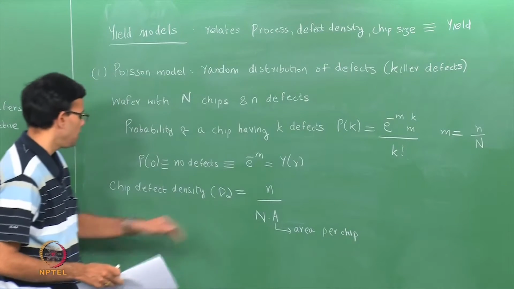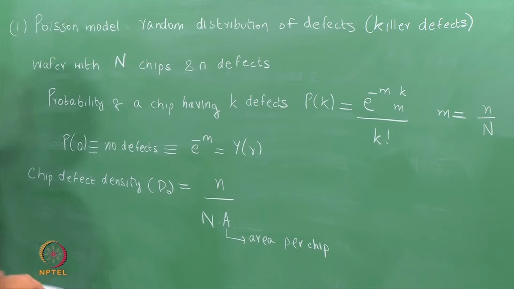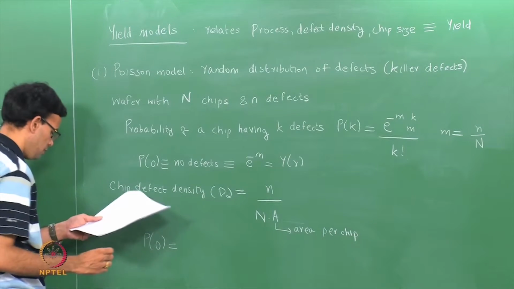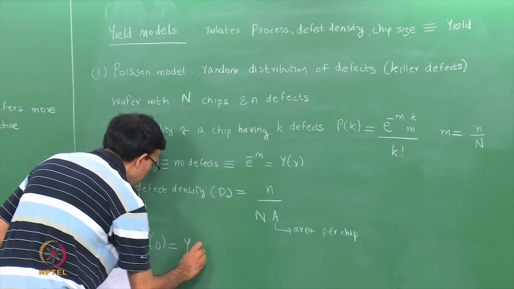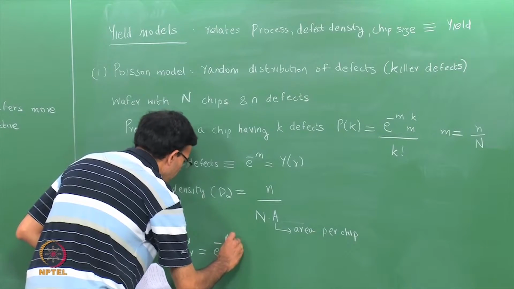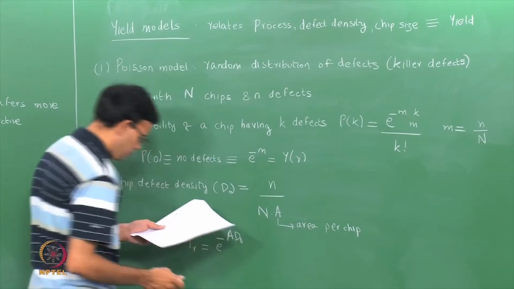So, if we define a chip defect density D naught, then P of 0 by the Poisson model, which is nothing but your yield, is e to the minus A times D naught.